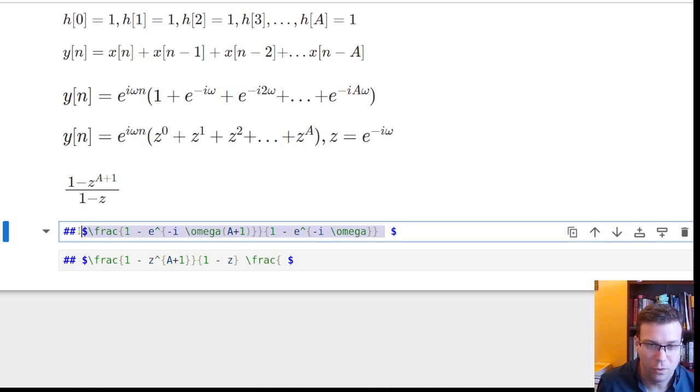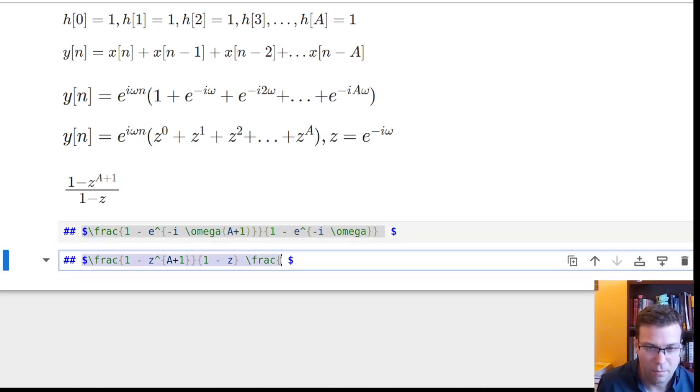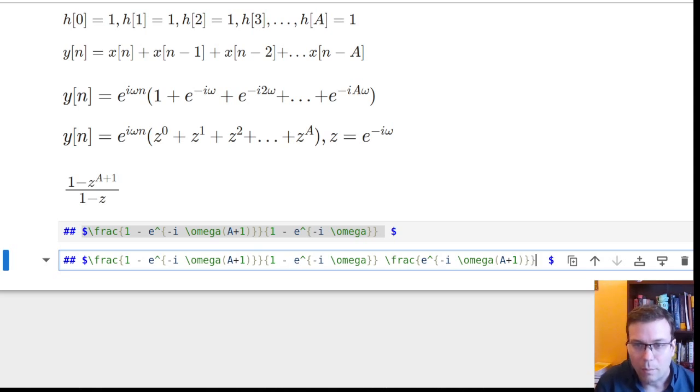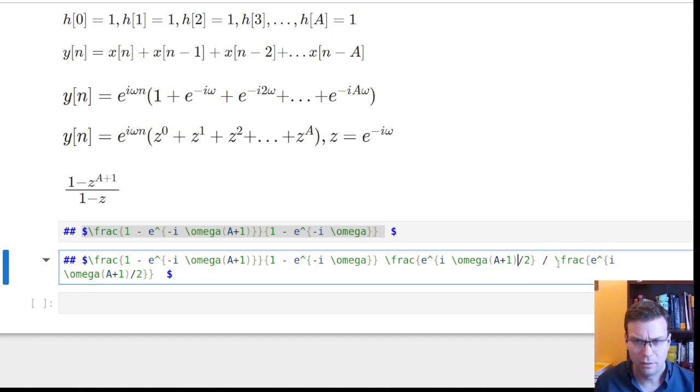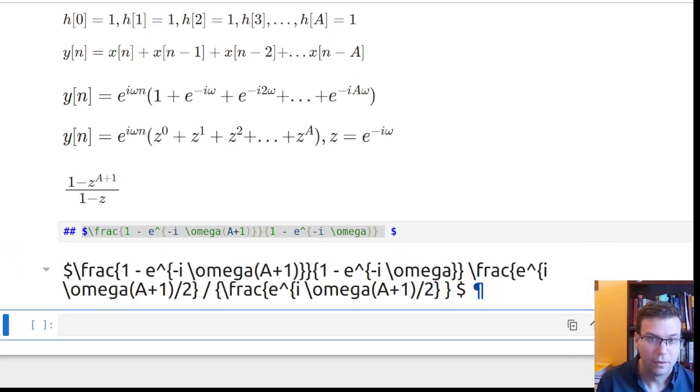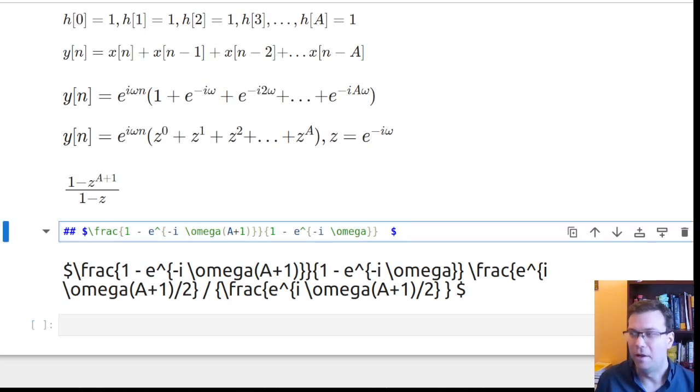Okay, so my fancy one is going to be e to the positive i times omega times a plus 1 over 2. So that's the trick. I always have whatever the argument is to the exponential over 2. Okay, and if I multiply, oh boy, I have to put this in here for the fraction. Okay, let me fix that up and multiply through.